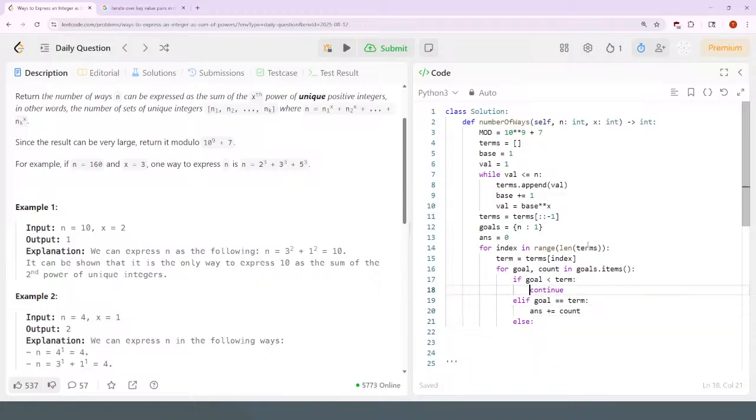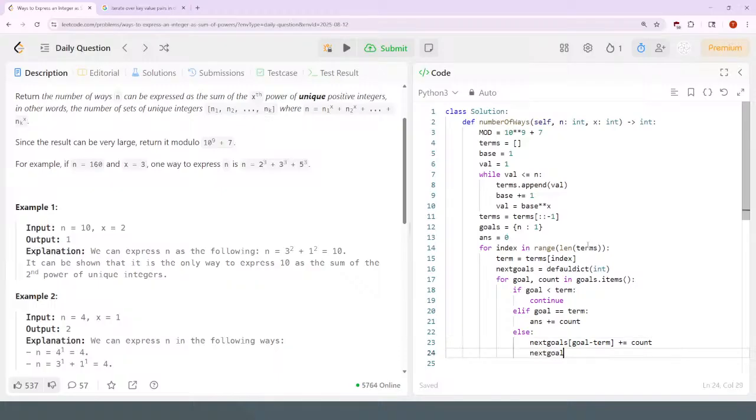Else, I need to have the next goals. Next goals be a default dictionary of integers. So the next goals of this goal minus whatever term this is plus equals the count of things here.